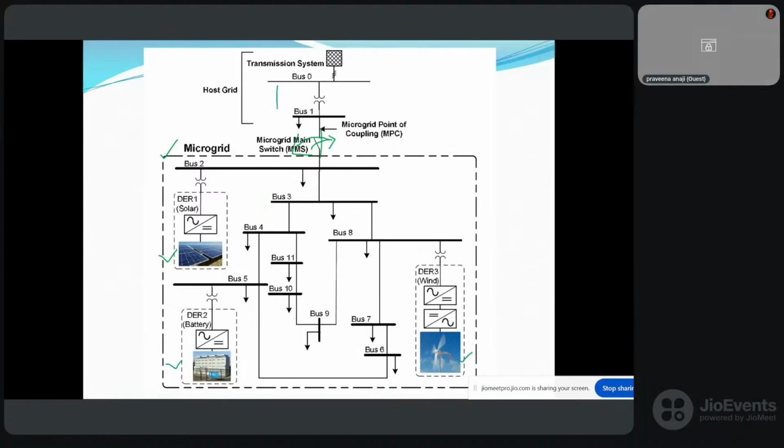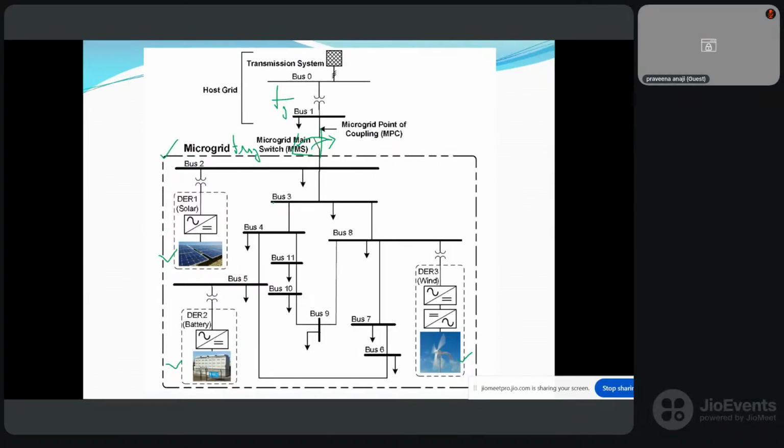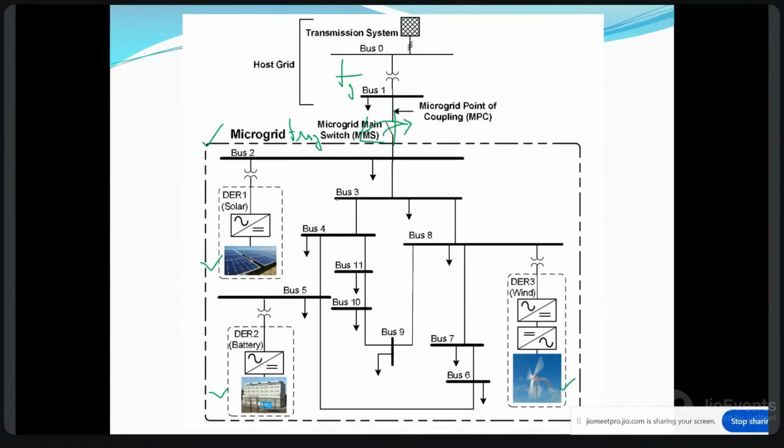Whatever the frequency of the grid is, we have to operate our microgrid at the same frequency. So the frequency and voltages are defined by the grid. That's why we call it a non-autonomous system, grid connected operation, right?